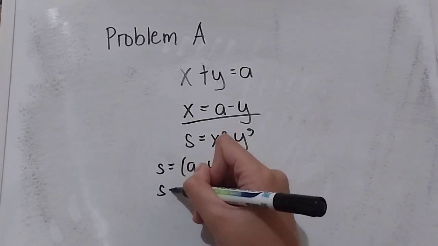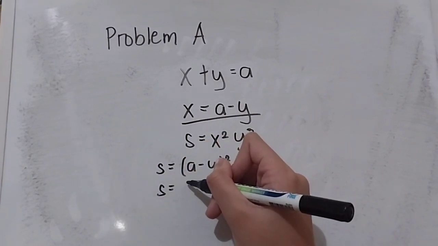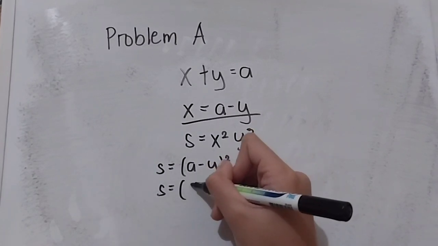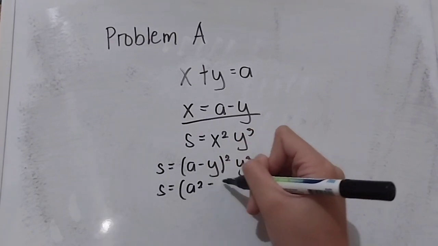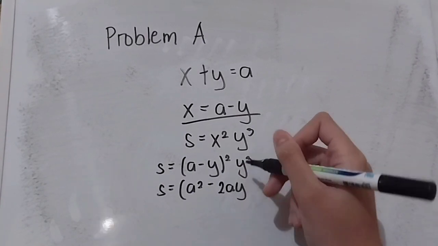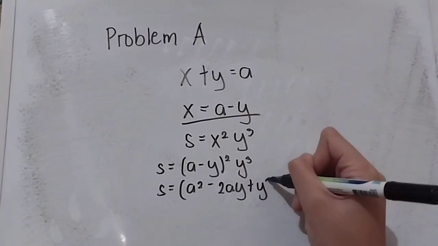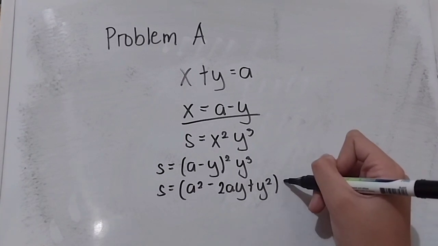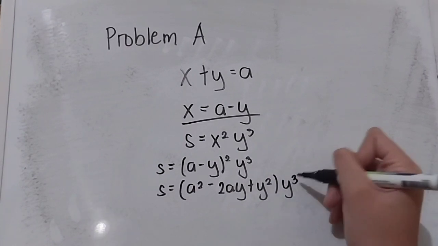Then S equals, we will expand A minus y, so it will become A squared minus 2ay plus y squared and y cubed.